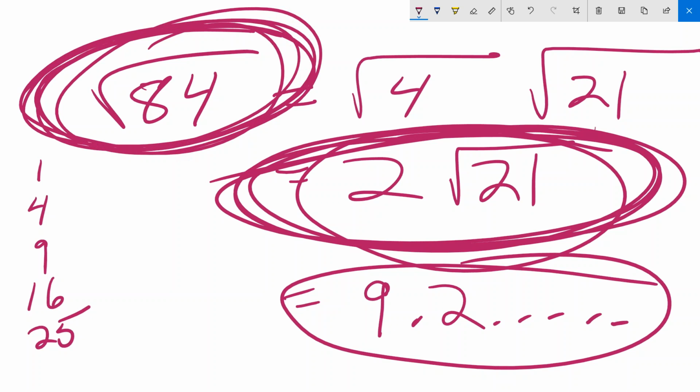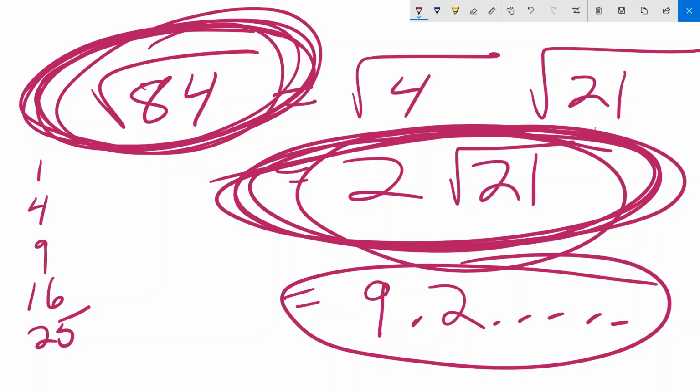You don't really want to turn it into a decimal unless they ask you to. And if they ask you to keep it in radical format, then you definitely don't turn it into a decimal, but you do reduce it. You reduce it by trying to find factors where one of the factors is a perfect square number, like 4.